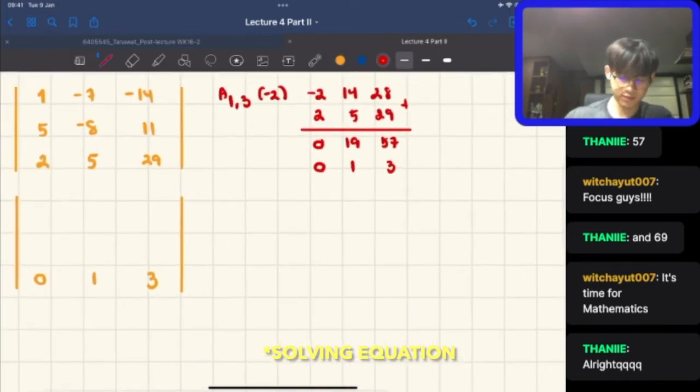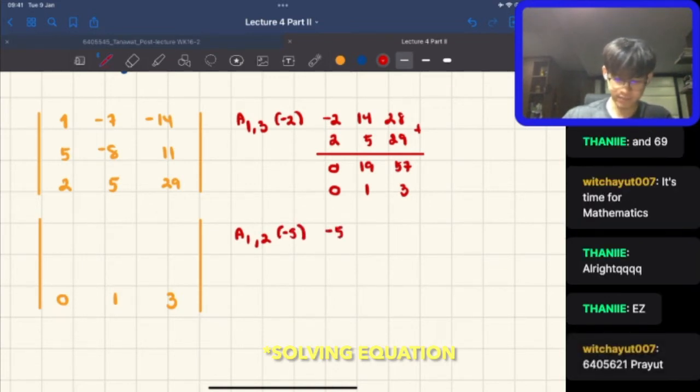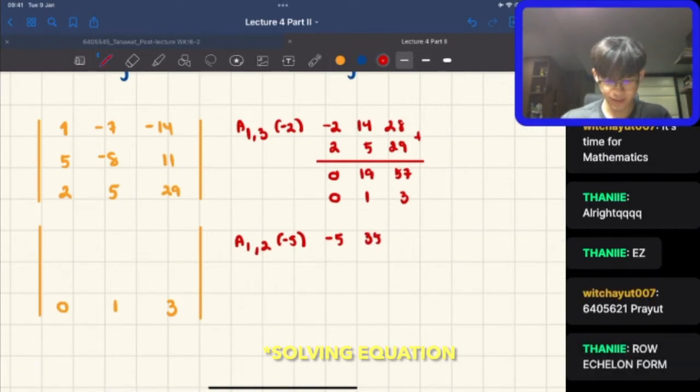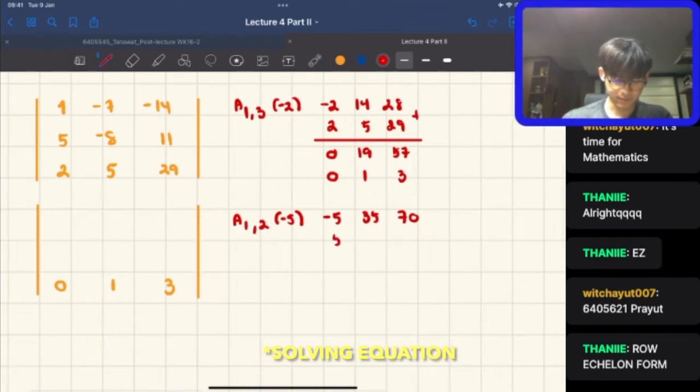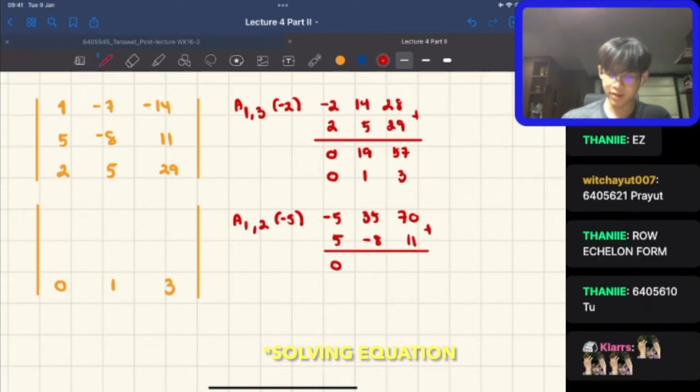And now let's do it to the second row. Let's add row 1 to row 2 times -5. So now we got -5, 35, and the last one is 70. And now 5, -8, and adding together, we got 0, 27, and the last one.